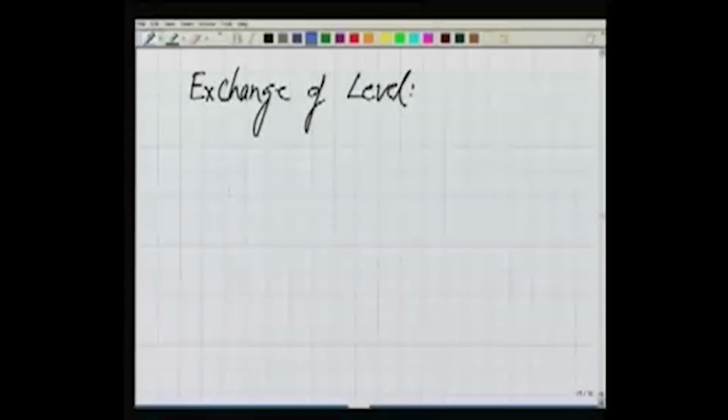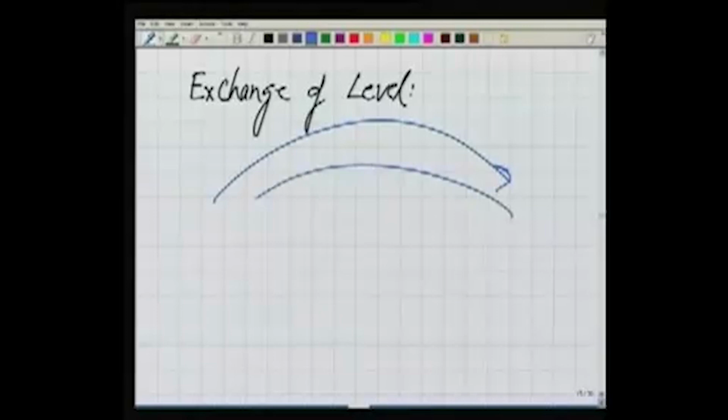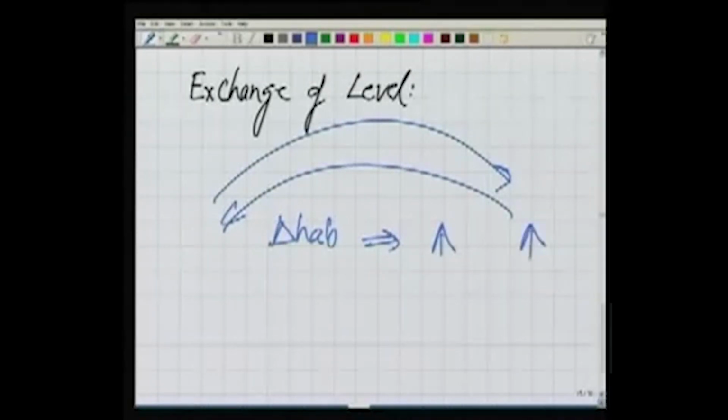Now what if our levels, I was using level 1 at A, level 2 at B. If these two levels have different collimation errors, what should we do? We would like to exchange the levels also and again repeat it, because we found, for example, delta HAB when the levels were like this: point A, point B, this is level 1 and level 2. This is how we had done it.